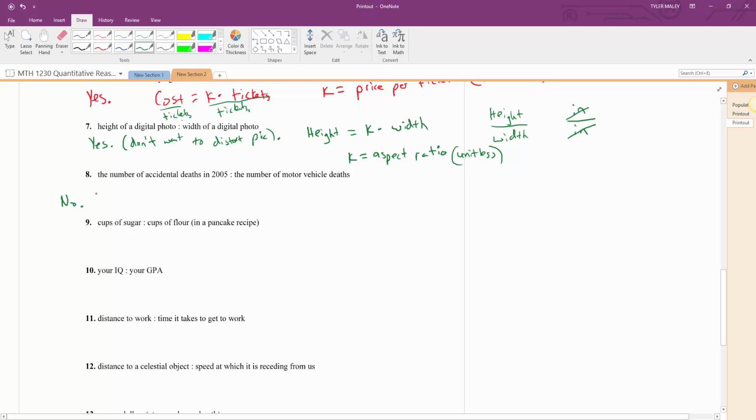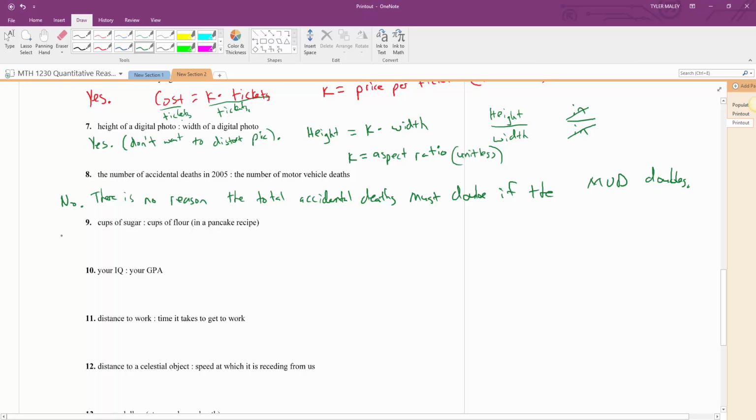There is no reason the total accidental deaths must double if the motor vehicle deaths double. Right? No reason that must happen.